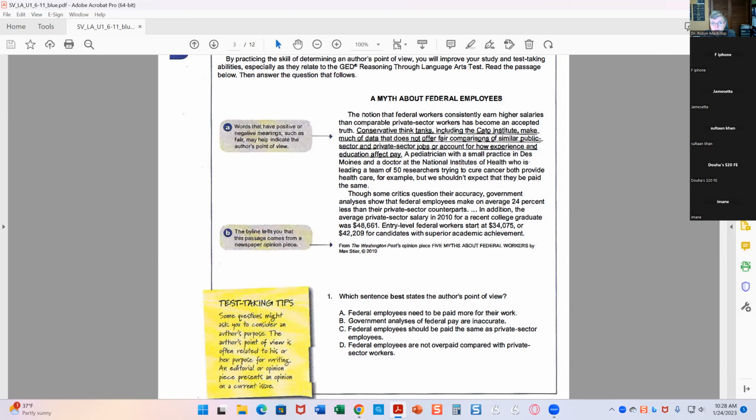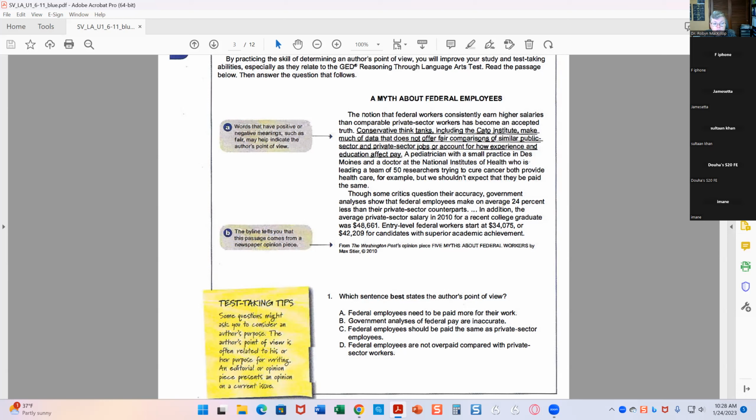That's a big sentence. That's a lot. A pediatrician with a small practice in Des Moines and a doctor at the National Institutes of Health, who's leading a team of 50 researchers trying to cure cancer, they both provide health care, but we shouldn't expect that they be paid the same.